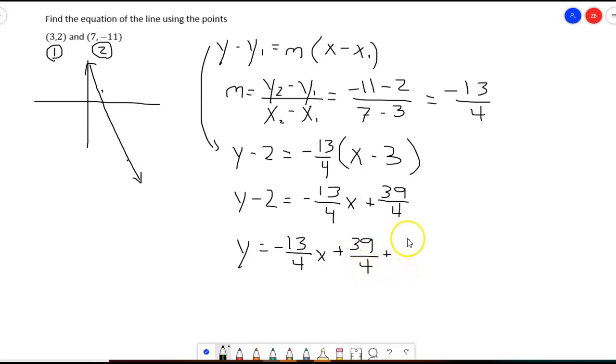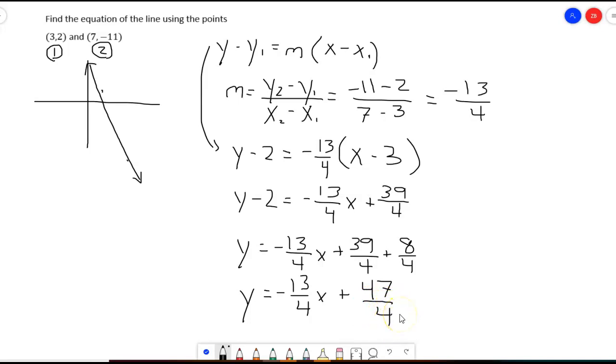So I'm going to write that as 8 over 4 because 8 over 4 is also equal to 2. It's the same thing as adding 2 to both sides, but then I can combine those fractions to give my final answer of negative 13 over 4 x plus 47 over 4.